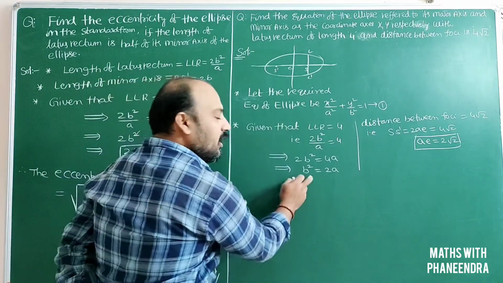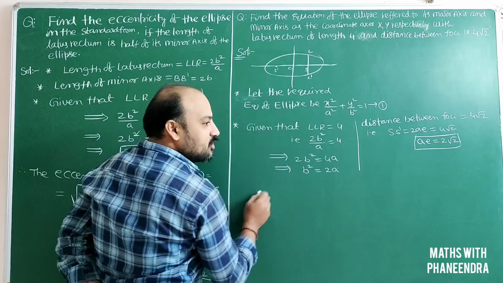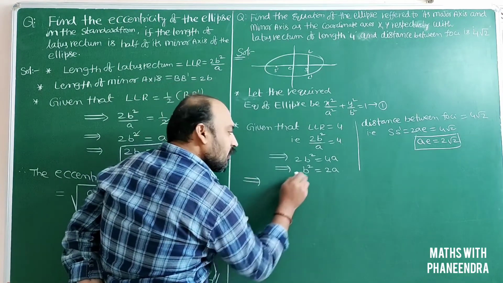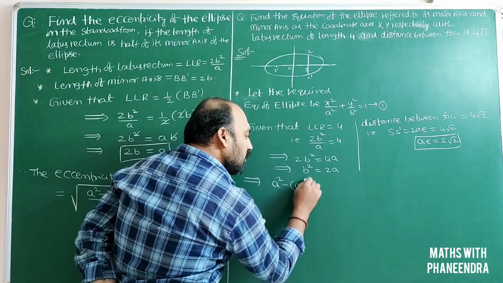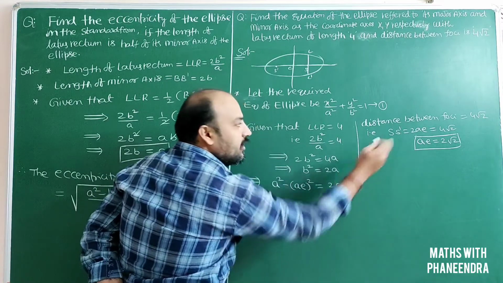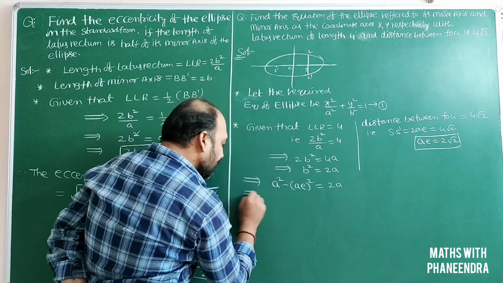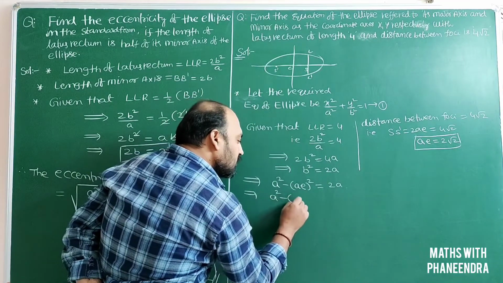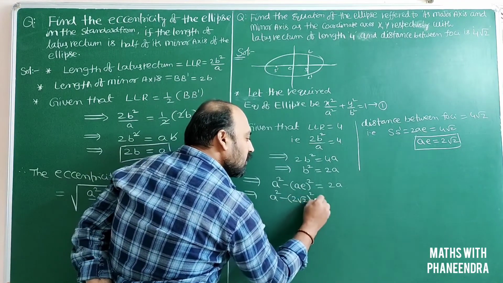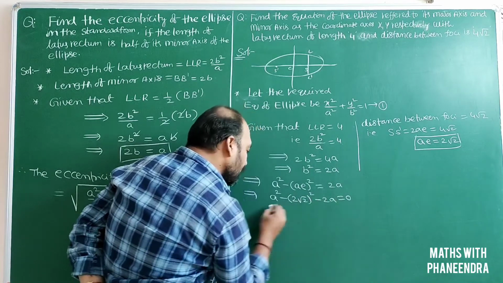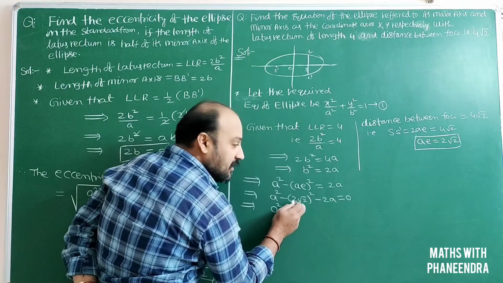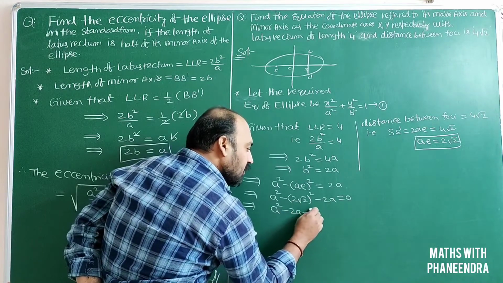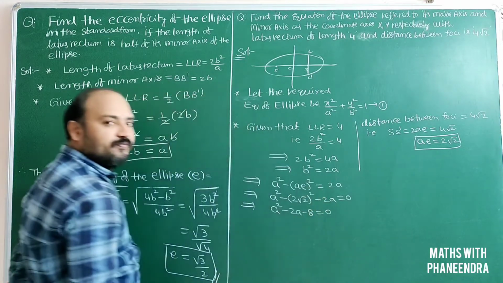And observe carefully. We have the b square formula. b square is a square minus ae whole square, which is equal to 2a. Substitute that ae value here. a square minus 2 root 2 whole square minus 2a equal to 0. That implies a square minus 8 minus 2a equal to 0.